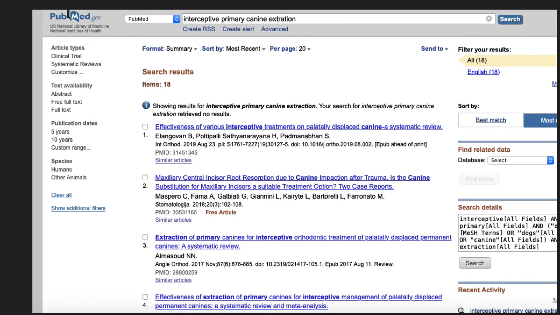I have chosen 2 systematic reviews from the search. I have 18 search results in English, and from those I have chosen 2 systematic reviews, because the systematic review is at the top of the hierarchy of evidence. If I found a systematic review, why would I search for randomized control trials or cohort studies or case reports?